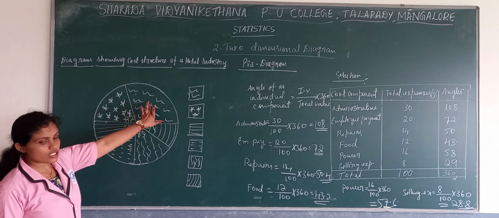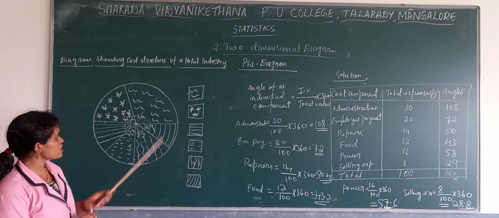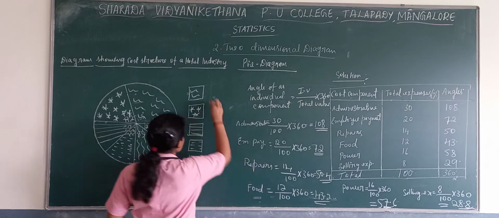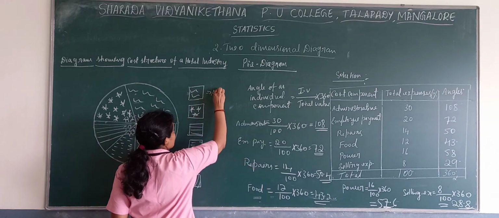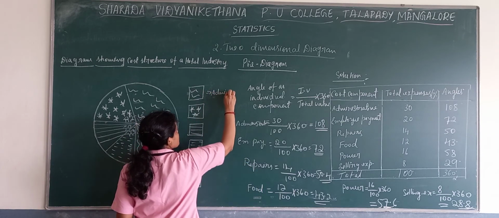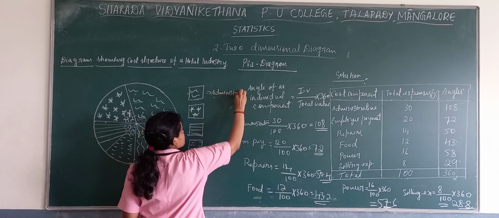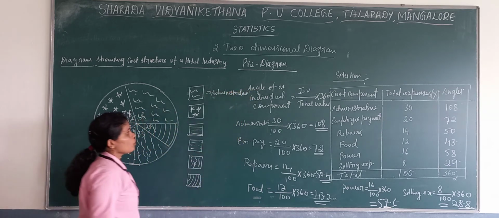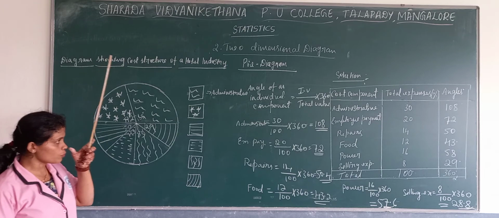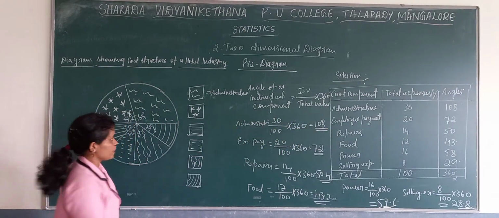Now, what is that first one? Which one have we taken? The first angle, 108 degrees. Administrative. So this is administrative. Now, the next angle, 72. That is employee payment.